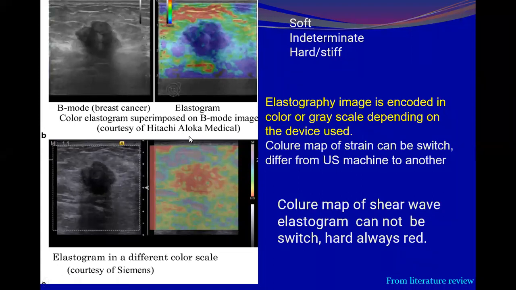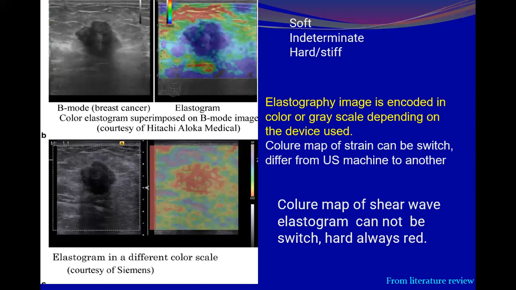But if you look here, this is Hitachi and this is Siemens. So the elastography image is encoded in color or grayscale depending on the device used, and we have to be aware of this. They can switch the map between blue and red for the hard lesions in strain elastography.